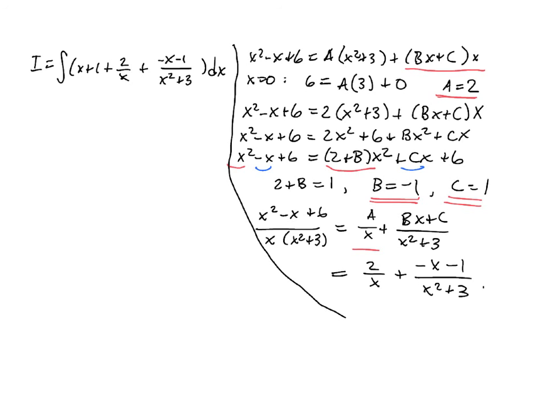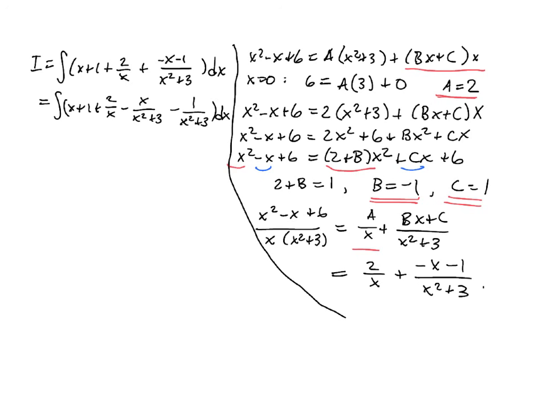And we'll split that into some bits that we can integrate. Antiderivative of x plus 1 plus 2 over x, all of that is real easy. And now I'm going to break that last fraction into two pieces, just by splitting the numerator.